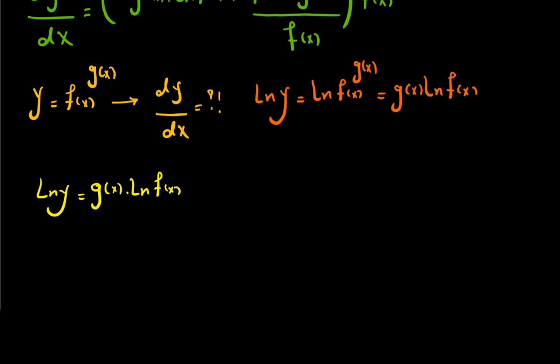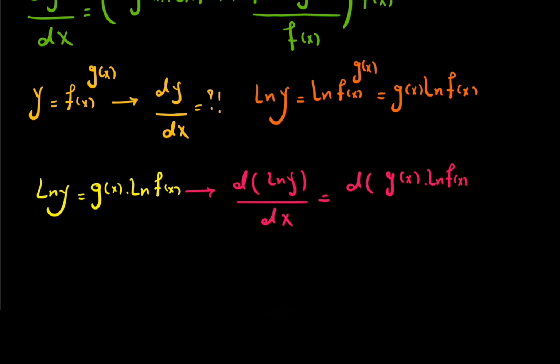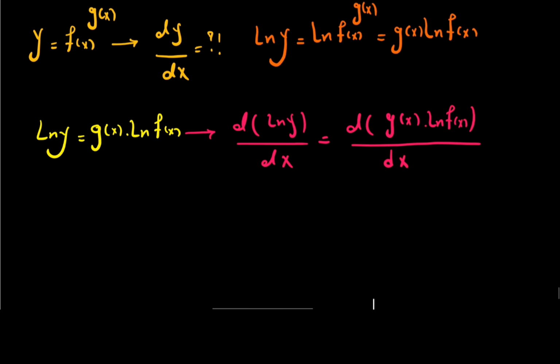y is inside the ln on the left side, and on the right side you have just some functions of x. So it means we can use implicit differentiation, I mean you can take the derivative on both sides. On the left side, the derivative of ln y, and on the right side the derivative of g(x) times ln f(x), divided by dx.